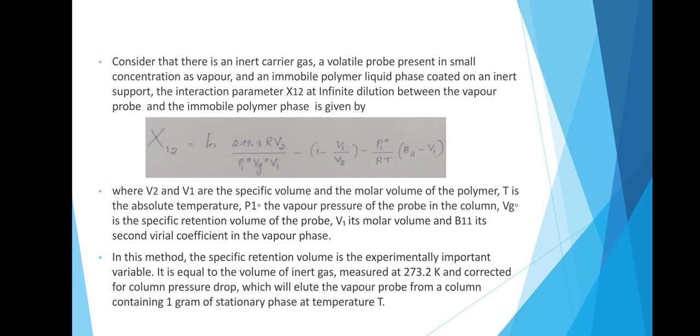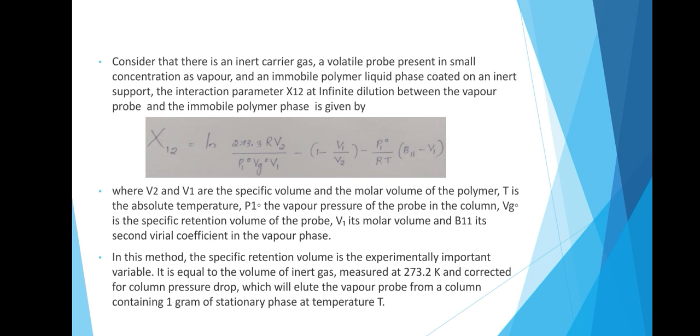Consider an inert carrier gas in which a volatile probe is present in small concentration as a vapor, and an immobile polymer liquid phase is coated on the inert support. Then we can calculate the interaction parameter X12 at infinite dilution between the vapor probe and the immobile polymer phase by the equation given below.